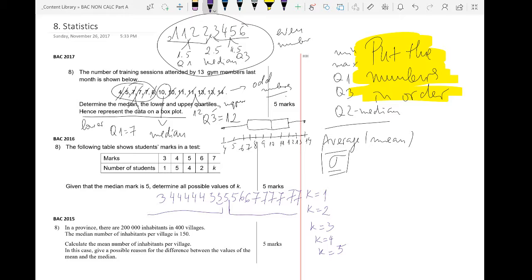When we add one more 7, when k is 6, we have 3 and 3 6 and 3 9, so 9 is to here, and we have 3 6 9 here, so it's between 5 and 5.